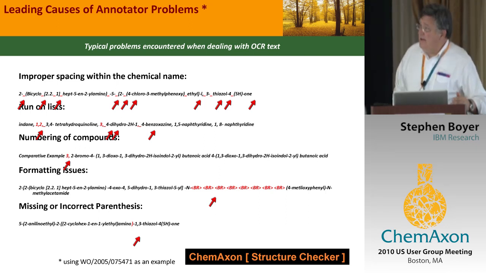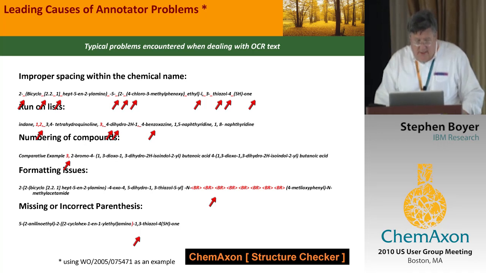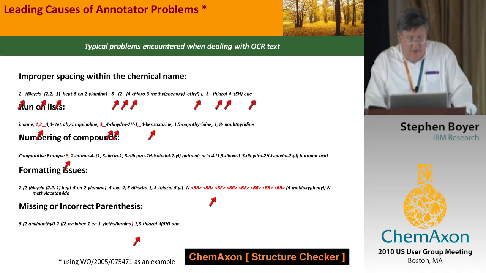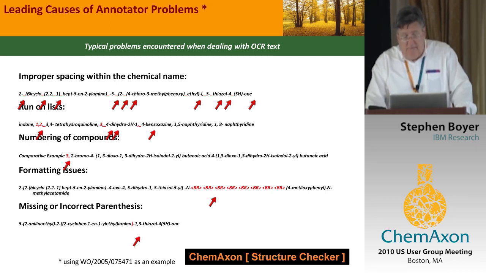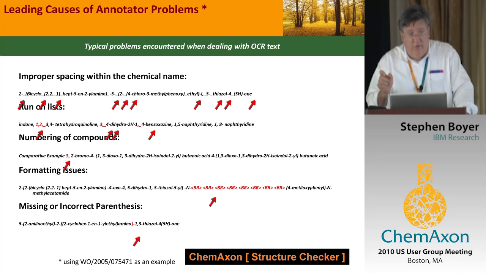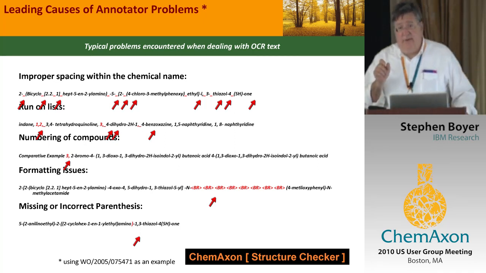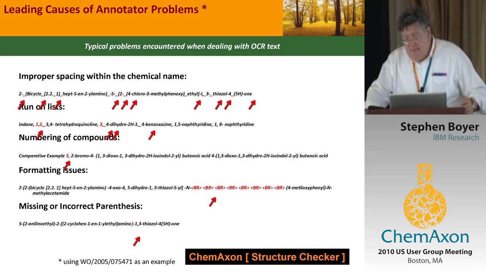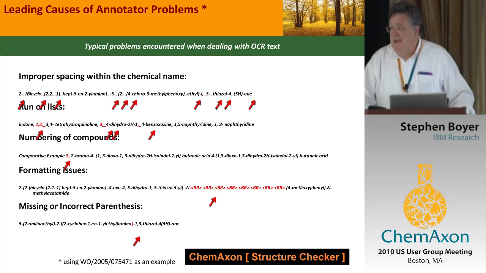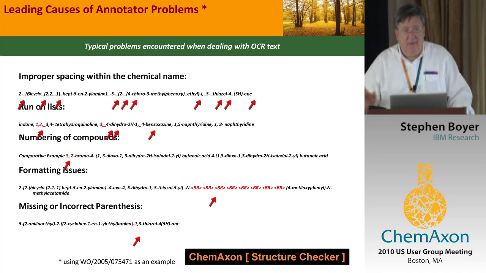And once you OCR these documents, one ends up having a plethora of OCR errors and other errors which make the conversion of the chemical name into a structure very challenging to do correctly. So one of the things that we're really most anxious to try is this structure checker, because as a result of this, we end up getting some significant errors, as you can imagine.